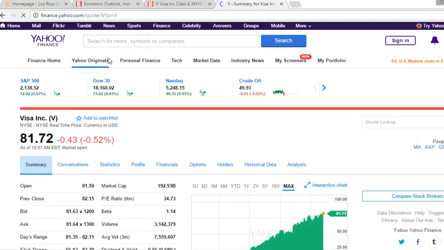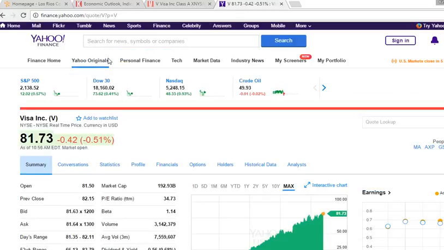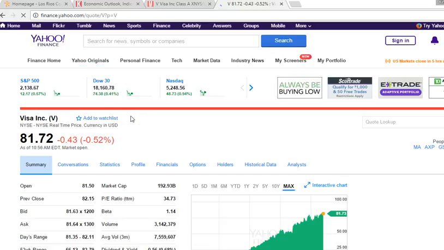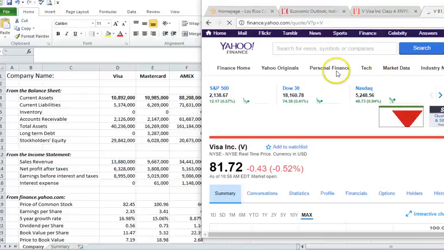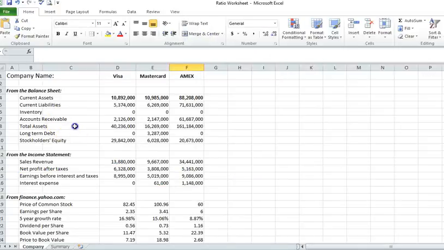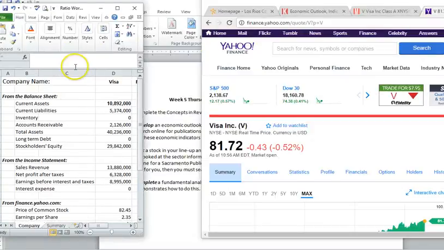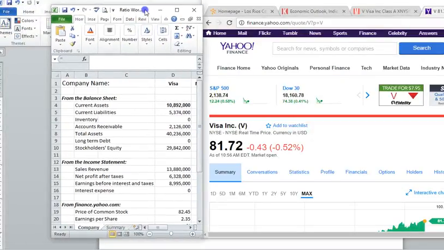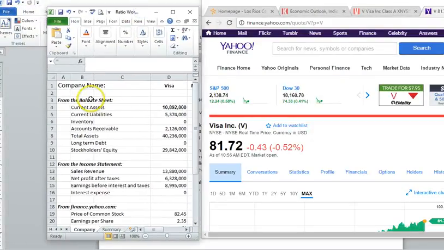Now, you looked at other sites. You can use whatever site you want to collect information. This is the site that I'm demonstrating. So I'm going to shrink that a little bit and note that over here I need to collect some specific information from the balance sheet, for example.